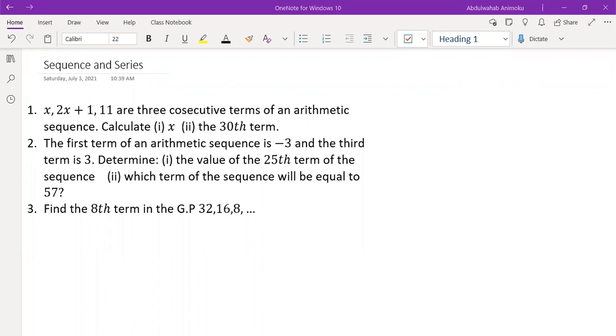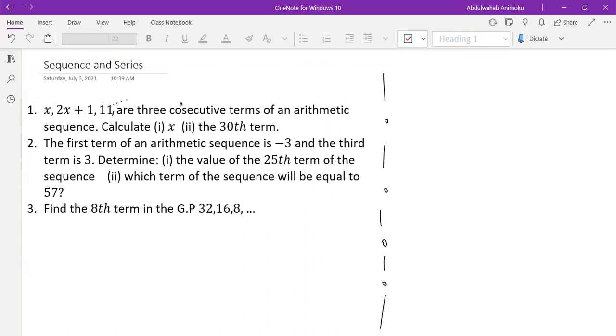Now, the first problem here is a different type of problem, but with the information I've already given you about arithmetic and geometric sequences, you'll be able to handle them. So this is consecutive, right? The first question says, we have these three terms, and they are three consecutive terms of an arithmetic sequence.